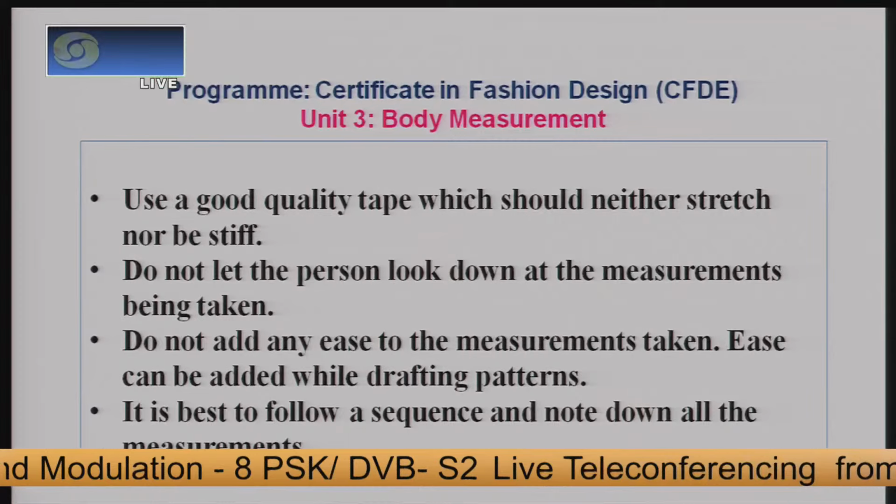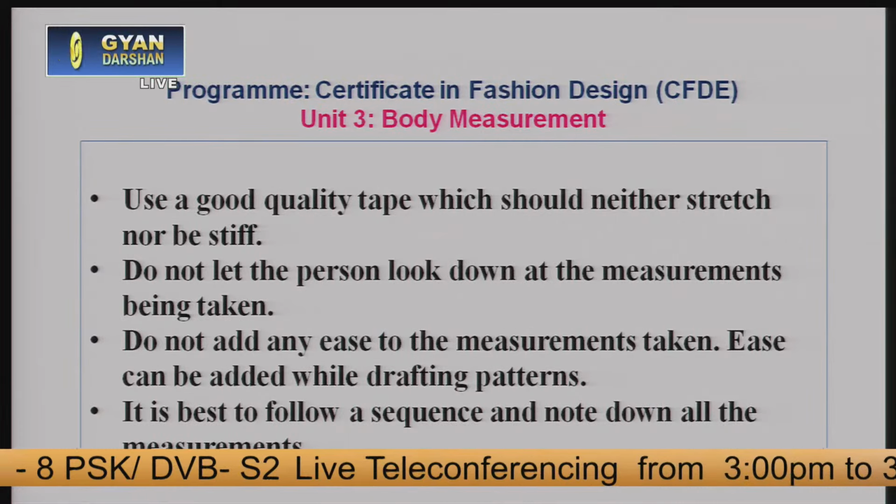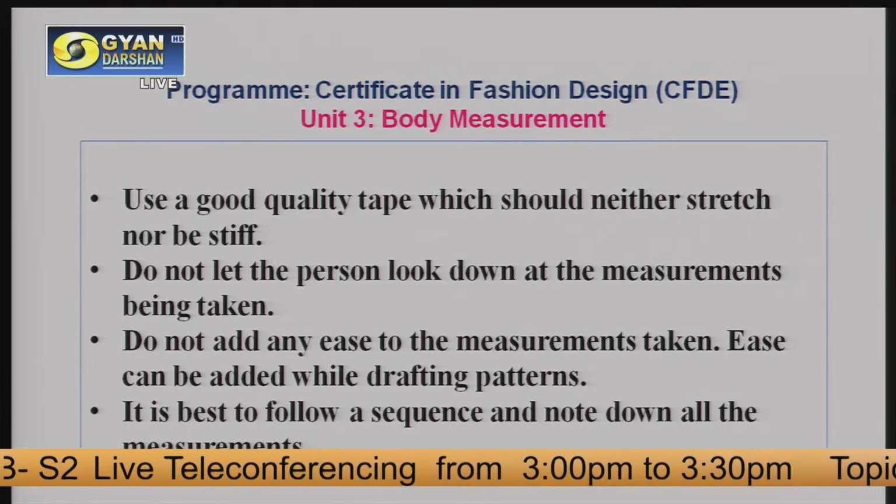You should write that measurement and do not add any extra margin or any extra number to that. We add the extra margin or numbers when we are creating or developing the pattern. We add the extra ease at that time, not at the time of taking the measurement.